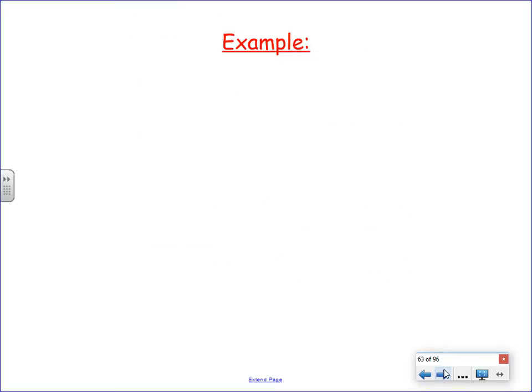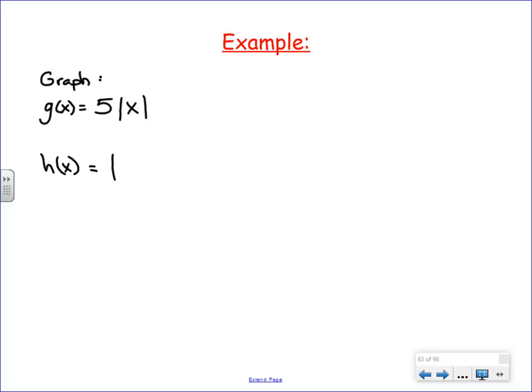So, what if I was to give you something like g of x is equal to 5 times the absolute value of x, and then h of x is equal to the absolute value of 3x.